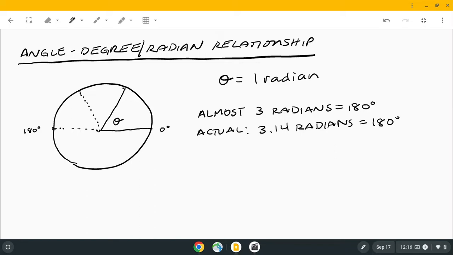It takes 3.14. Does that decimal number seem familiar? Do you feel like you came across that decimal before in your life? Maybe at a bar? This is pi. Pi radians. That's how many radians are equivalent to 180 degrees.